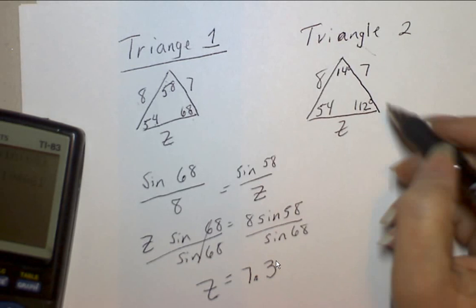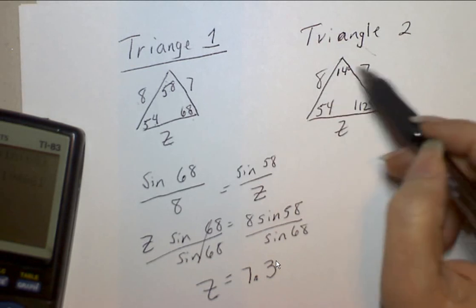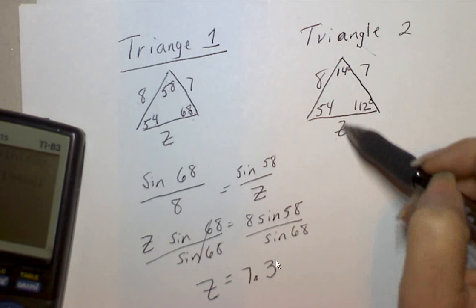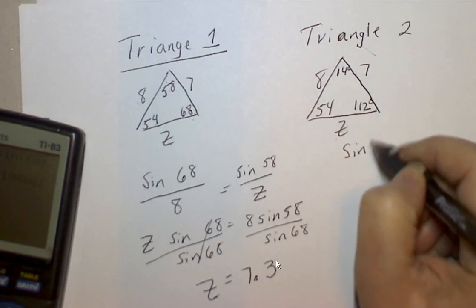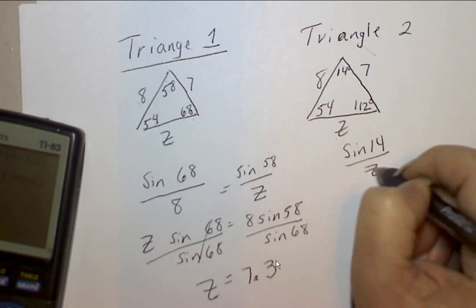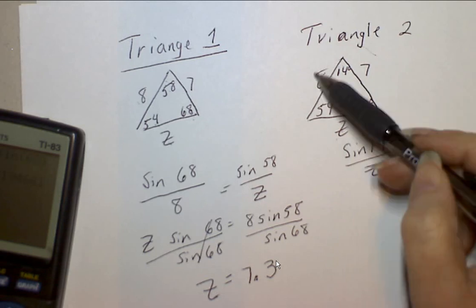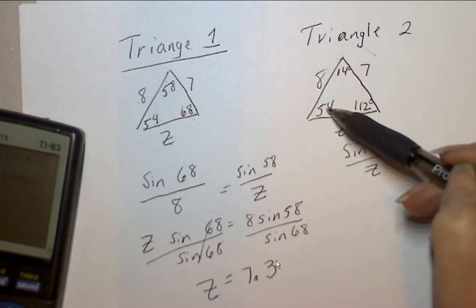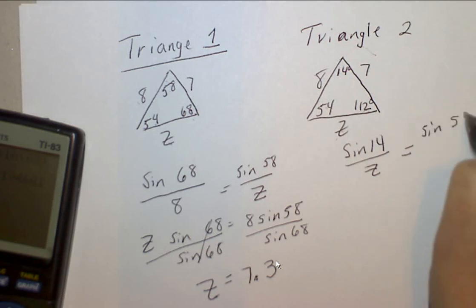Alright, so did you put, it doesn't matter which one you put, but you have to use sine of 14 over z, and that can equal either your sine of 112 over 8 or sine of 54 over 7. I was given the 54, so I'm going to do sine of 54 over 7.